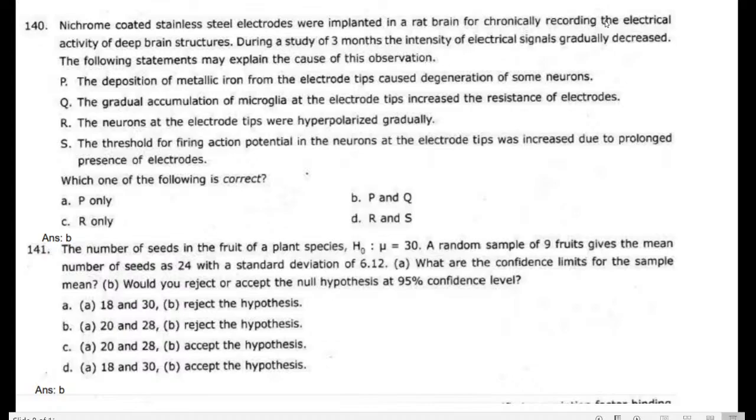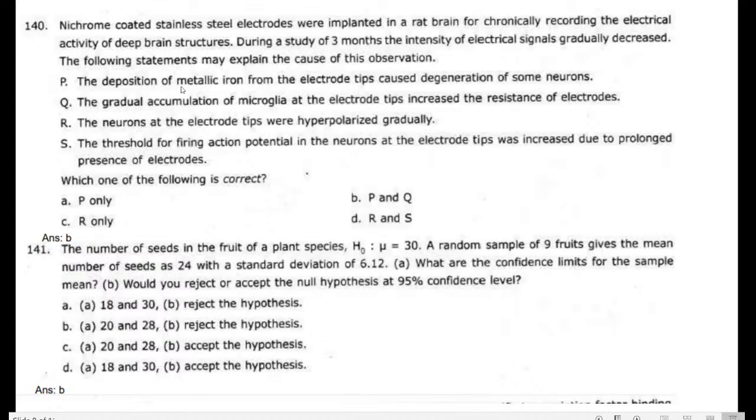The reasons are P and Q. P: deposition of metallic ions from the electrode tip causes the degeneration of some neurons, so less electrical signaling. Q: gradual accumulation of microglia at the electrode tip increases the resistance of the electrode.